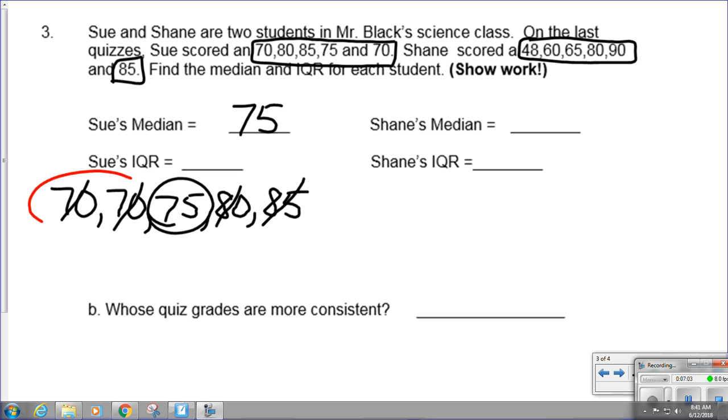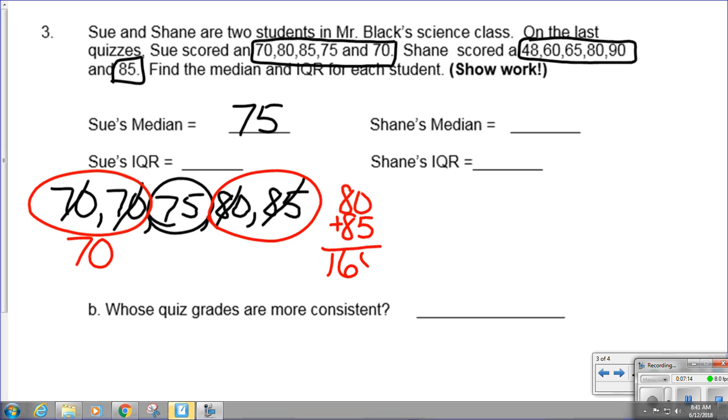To find the Q1, I need to add 70 plus 70 divided by 2. Well, that's 70. 80 plus 85 is 165, divided by 2 gives you 82.5.